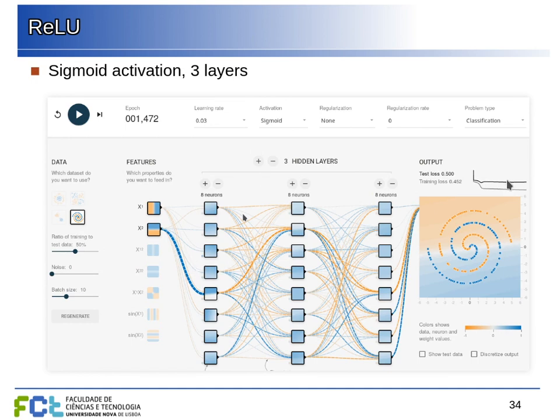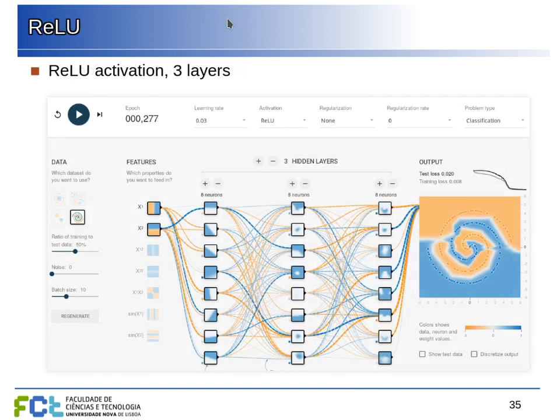So if we use a sigmoid activation with 3 layers in this case, we can train, for example, here nearly 1500 epochs, and still there is no very noticeable improvement in the output. But if we change to a rectified linear unit, even after less than 300 epochs, we already have a good classification here.